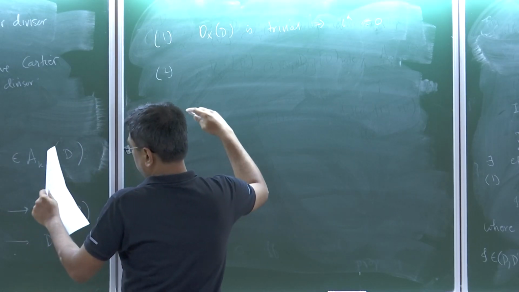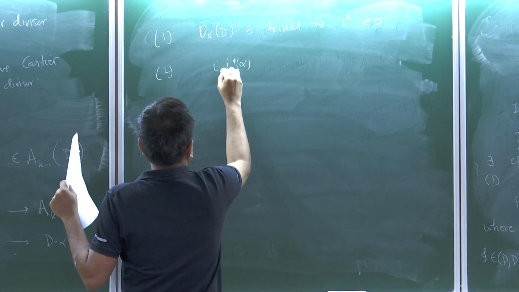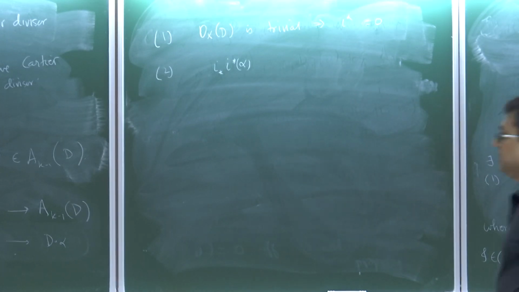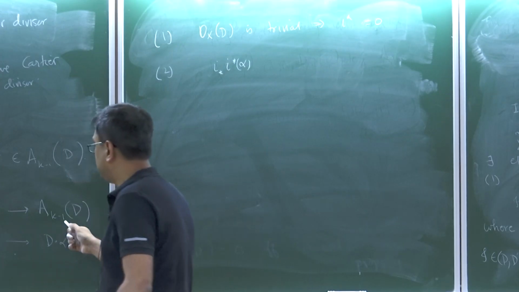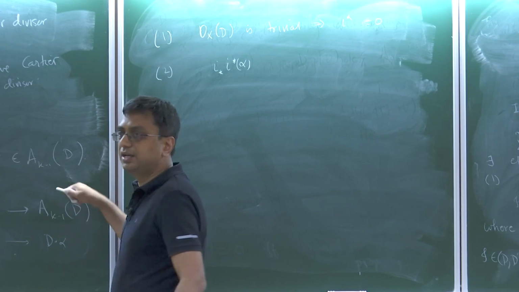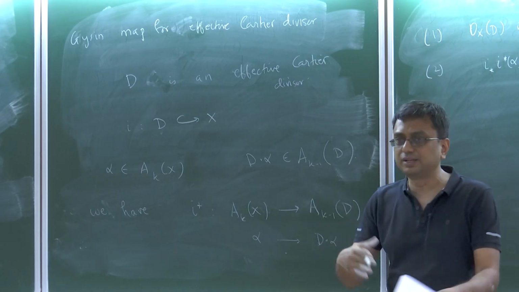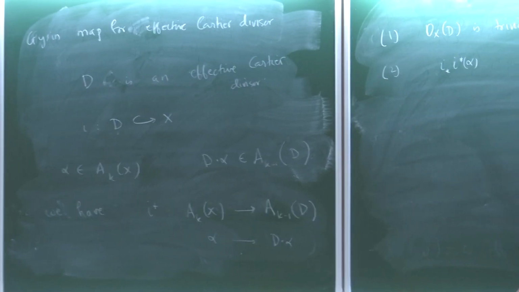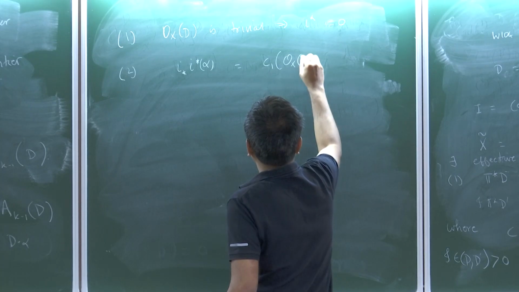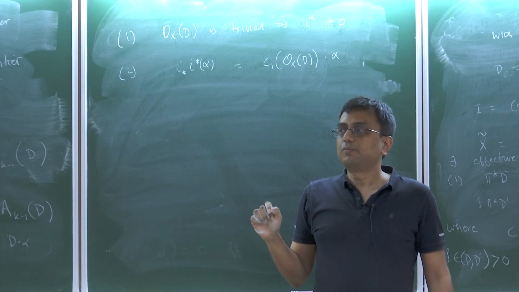So second is, what happens if I take i upper star alpha and then I push it forward. If I apply i upper star, alpha goes to D·alpha. When I take its image in A_{k-1} of X, which I am also denoting by D·alpha only, now considered as a cycle on X, right? The notation was D·alpha. So the claim is that this is equal to the first Chern class of O_X(D) dot alpha. Why is it the first Chern class dot alpha?